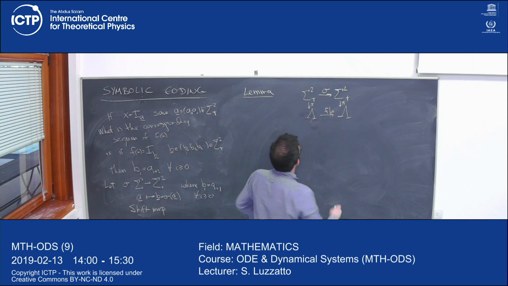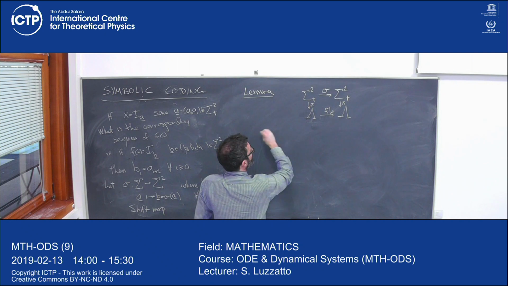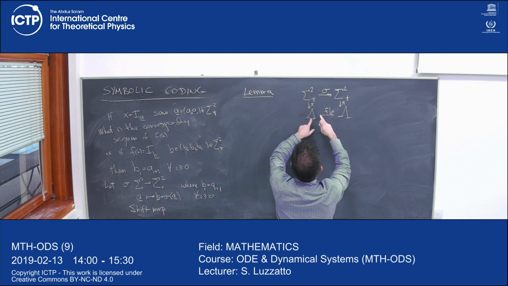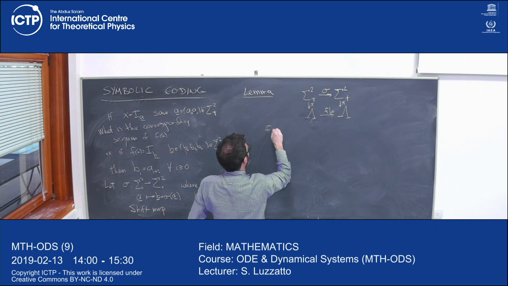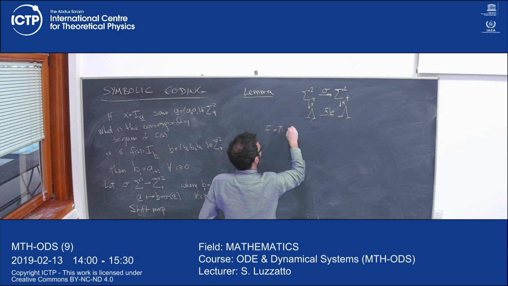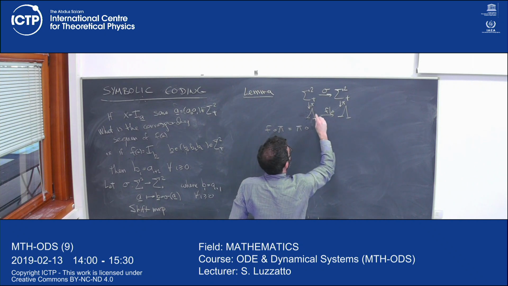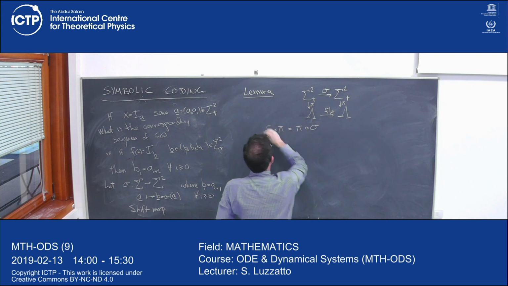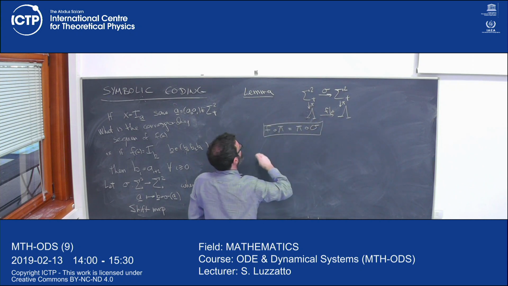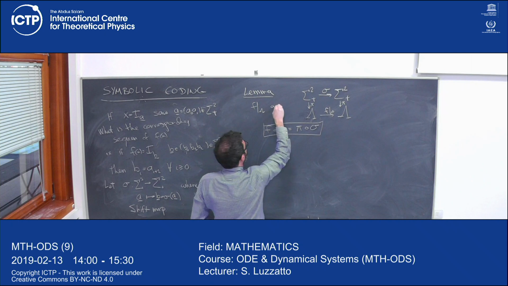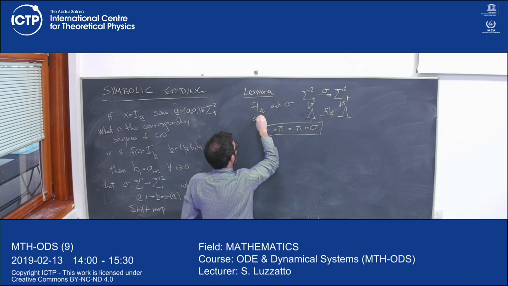And as we said before, if you take f composed with pi, it is equal to pi composed with sigma. So the lemma is that f restricted to lambda and sigma are conjugate.